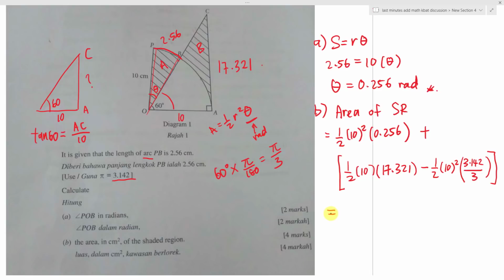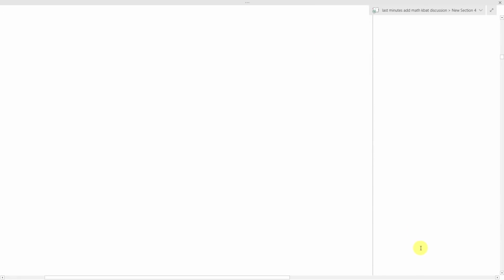Alright, so my final answer should be 47.04. Alright, this is area. I'm going to put it as cm squared. I guess 2 decimal places should be good for this kind of question. Yeah, this 6 mark question is considered quite okay.